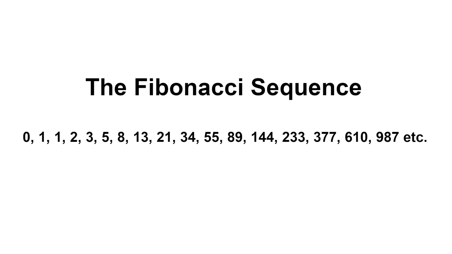Now, as you get progressively higher up the terms of the sequence, in order to get from one term to the next, we multiply by something called the golden mean, which is a value of 1.618. And this number is also essential to aesthetic beauty. So the closer you are to the average, the more beautiful you are.